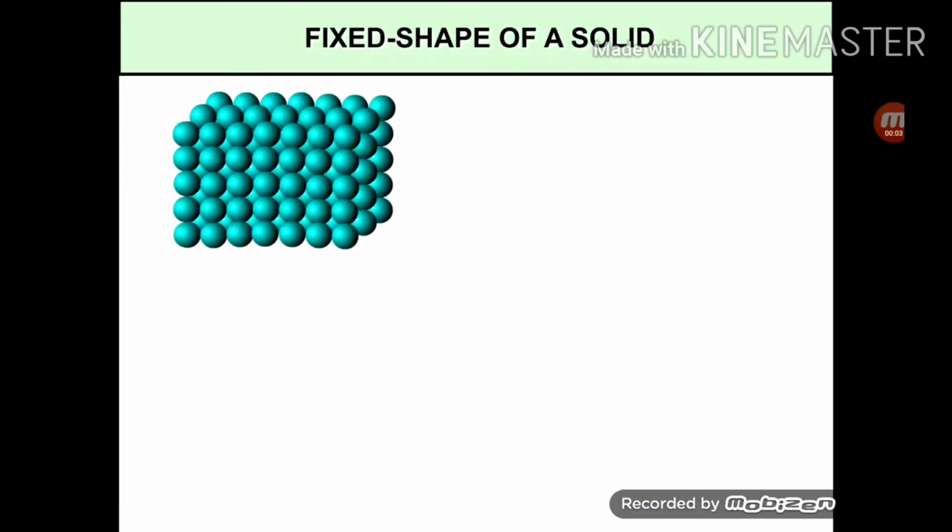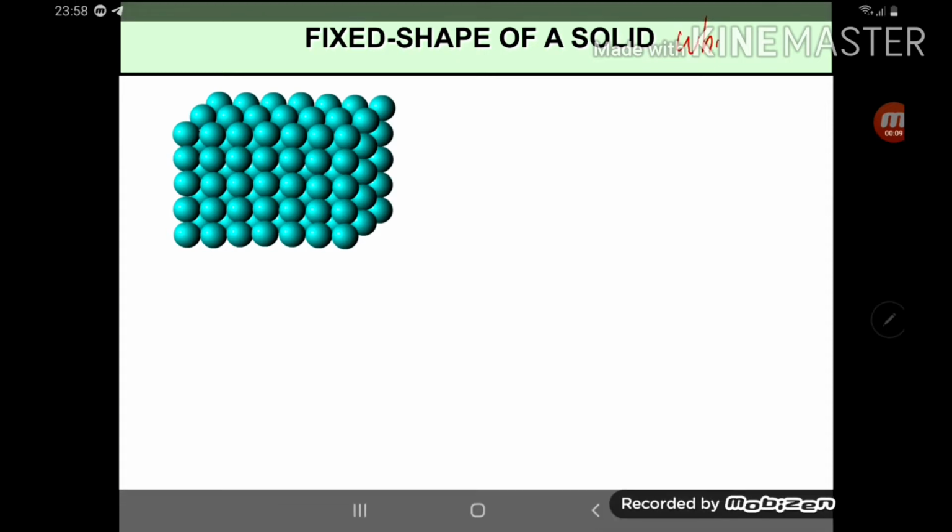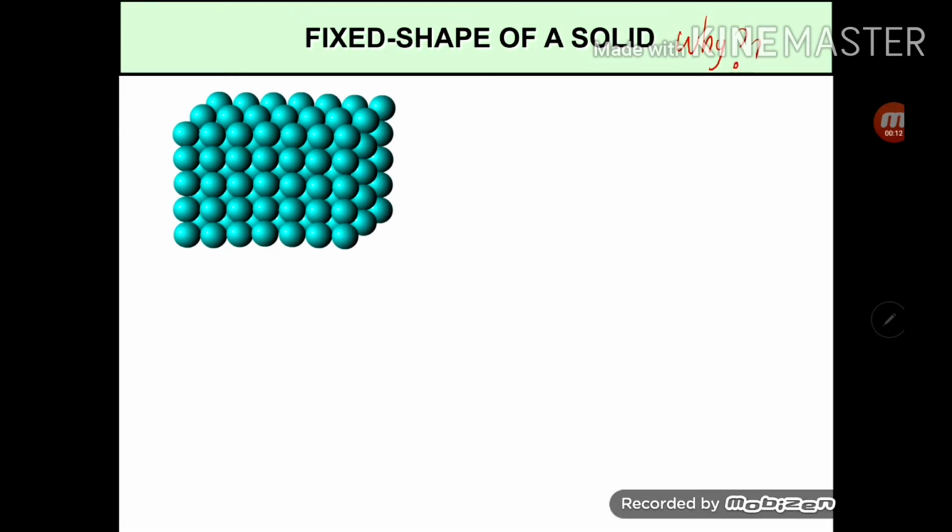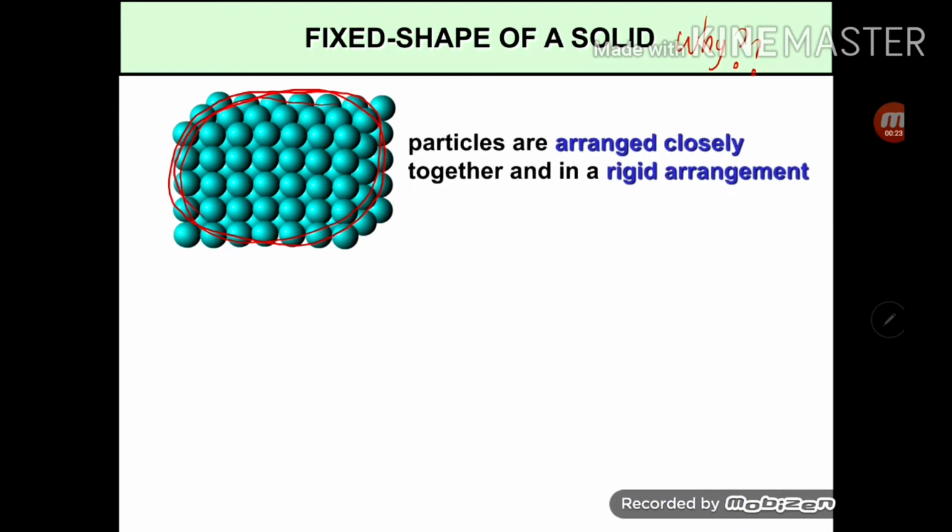Fixed shape of a solid. Do you know why a solid has a fixed shape? Look at this diagram. This diagram shows the arrangement of the particles in a solid. We can see that the particles in a solid are arranged closely together in a rigid arrangement.